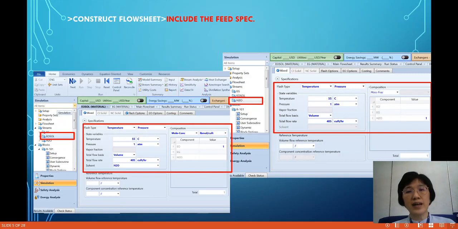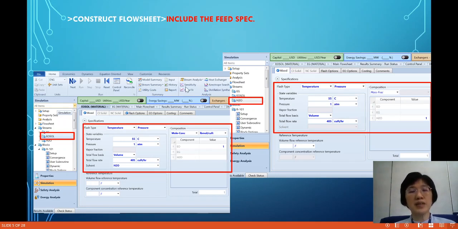Once you have done constructing the flow sheet, then we include the feed specification. As mentioned earlier, we are having 2 feeds. The first feed, the one on your left, is actually the ethylene oxide solution. This is a little bit different from the case that we have solved earlier, because normally we'll specify the molar flow rate or the mass flow rate, and also the mass fraction or the molar fraction.